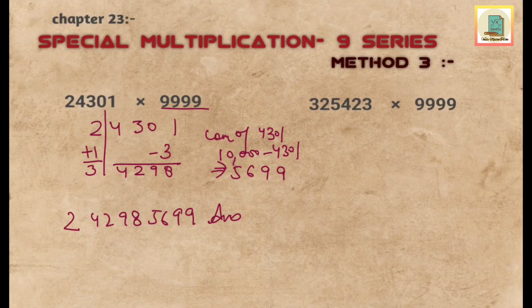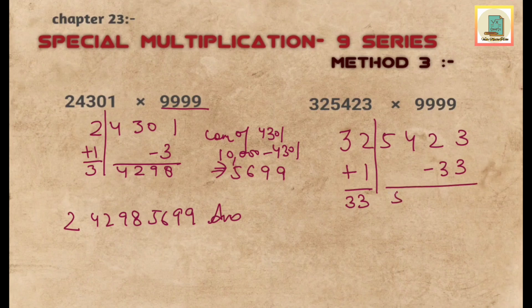Now let's take another example, which is 325423 multiplied by 4 nines. So write the number as it is, 325423. Now 4 nines are here. So leave 4 digits from the right and put a partition. Now add 1 to the first partition, which gives 33, and now minus 33 from here. So here we get 5390. Now we'll take the complement of 5423.